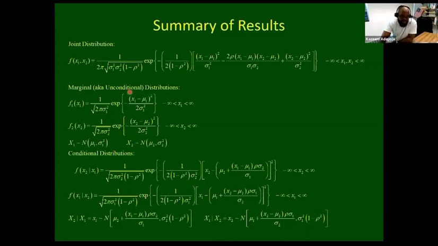From this structure, the mean of x1 is mu1 and the variance is sigma 1 squared, anything other than 2 pi in the square root. The same thing here. If I want to figure out the mean of this, it is basically the whole of this, anything other than x2 minus that.